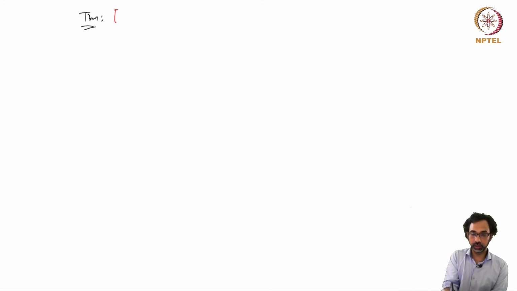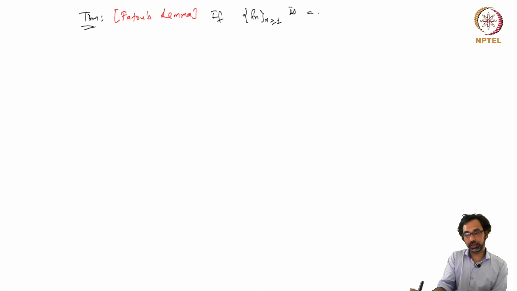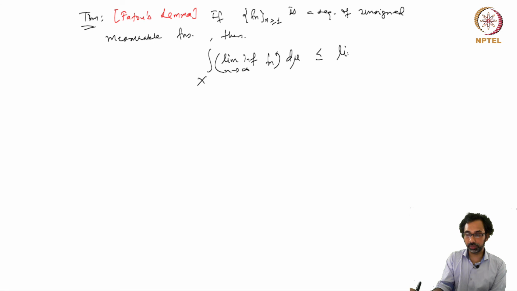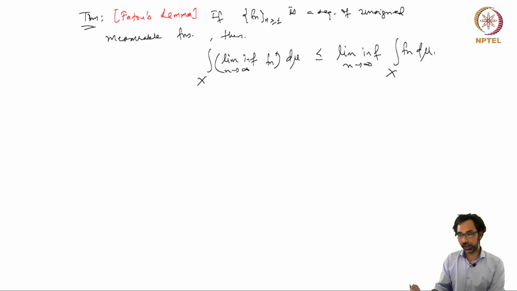It says that if fn, n greater than or equal to 1, is a sequence of unsigned measurable functions, well, we don't need to assume that it converges anywhere, then the integral over X of the lim inf as n tends to infinity of these fn's d mu is less than or equal to the lim inf as n tends to infinity of the integrals of fn d mu.